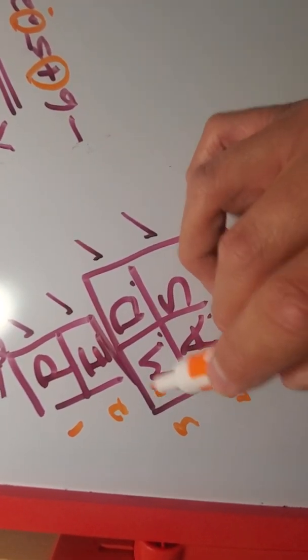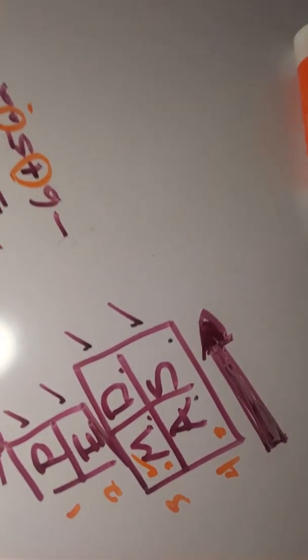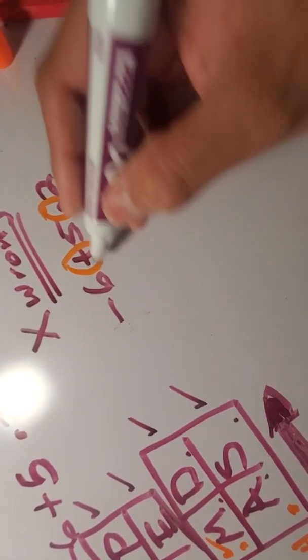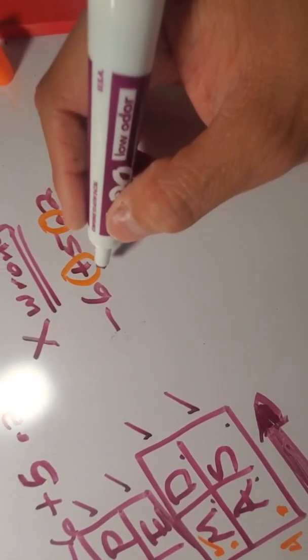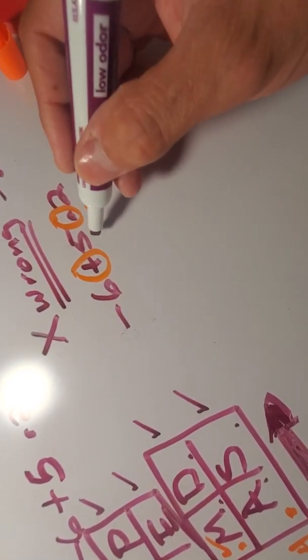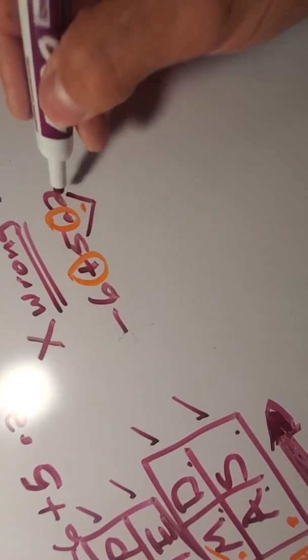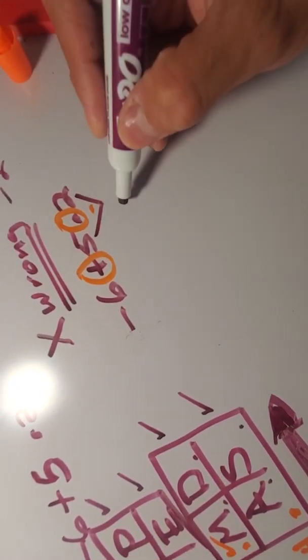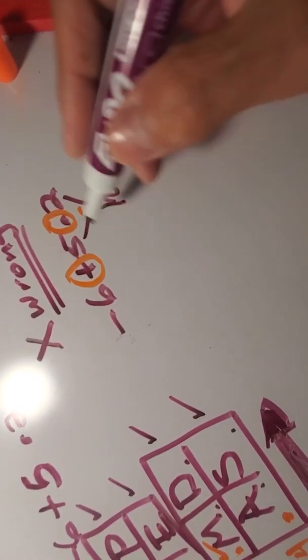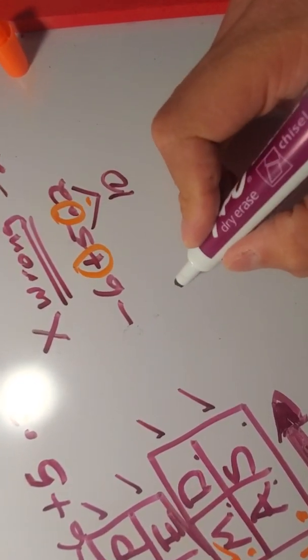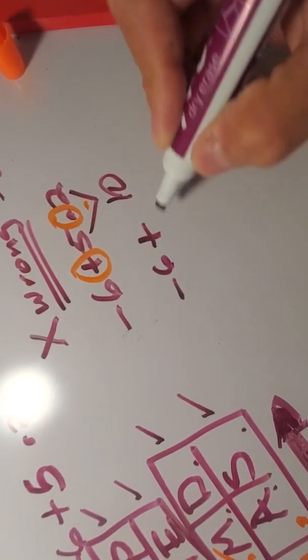So I'm going to work with the multiplication first. 5 times 2, that is 10. And then I'm just going to copy the rest of the expression. Negative 6 plus 10.